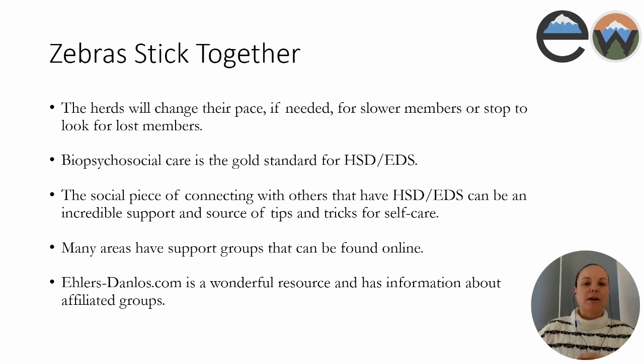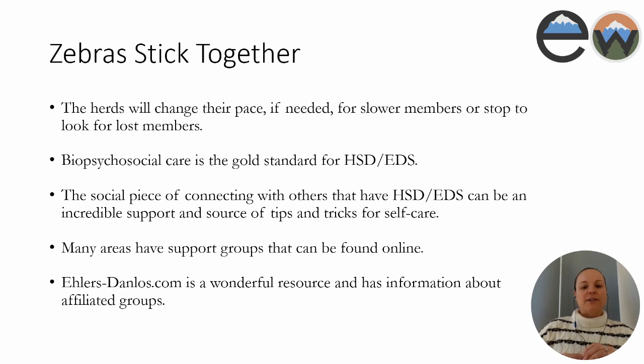So going back to our herd, that's where I really find asking for advice on things, not opinions, but just advice on what might have worked or support through other individuals, this is really, I think, our strength within our community. There's a lot of different support groups that can be found online.